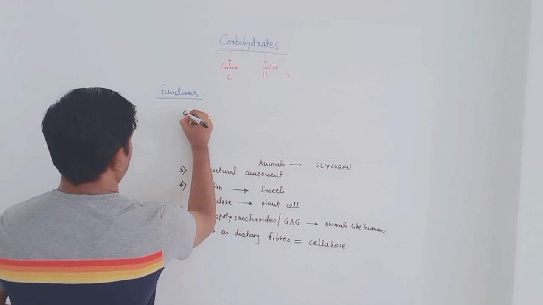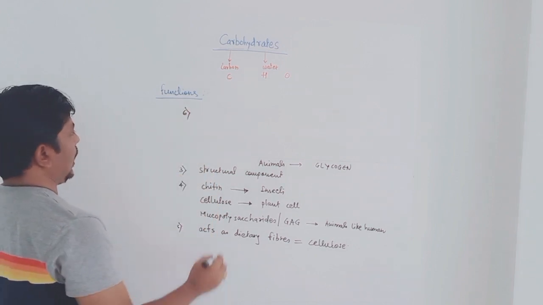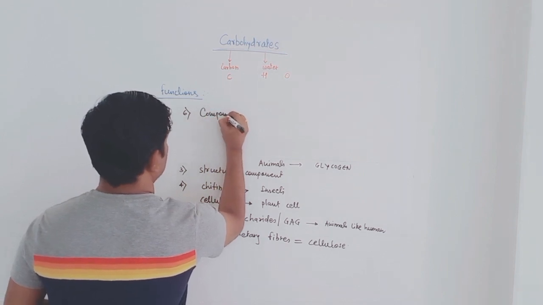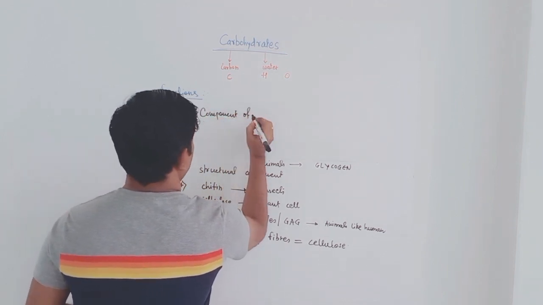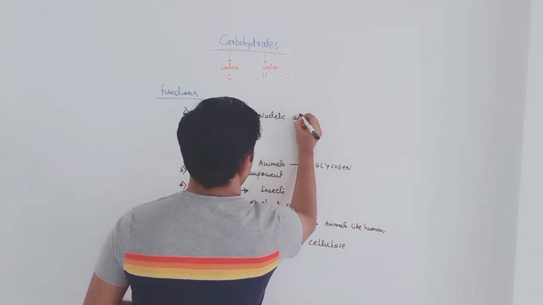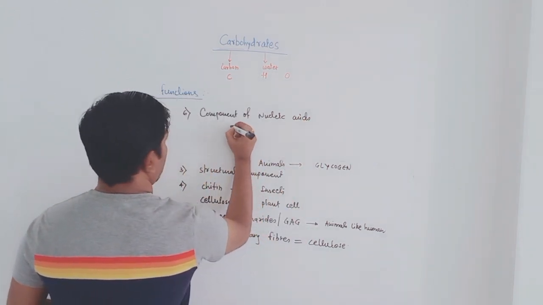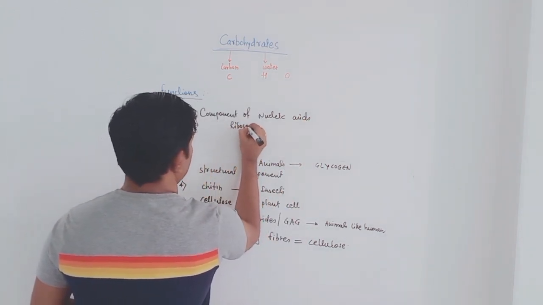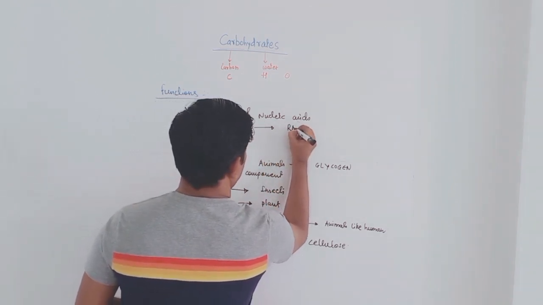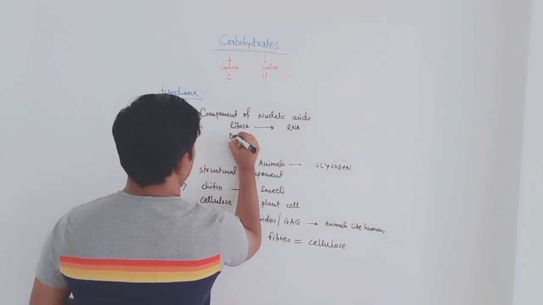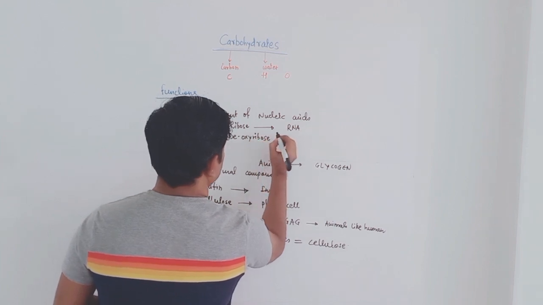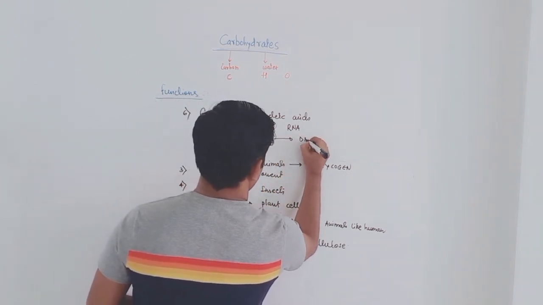Carbohydrate also acts as a component of nucleic acid, like ribose, which is a sugar and is a constituent of RNA, and deoxyribose, which is also a sugar, is a component of DNA.